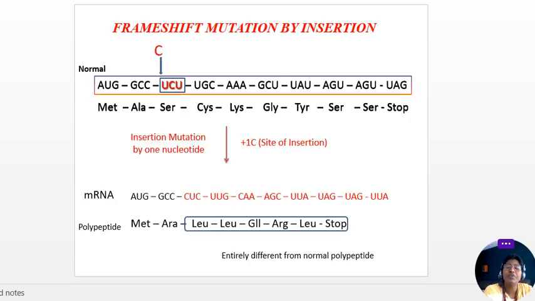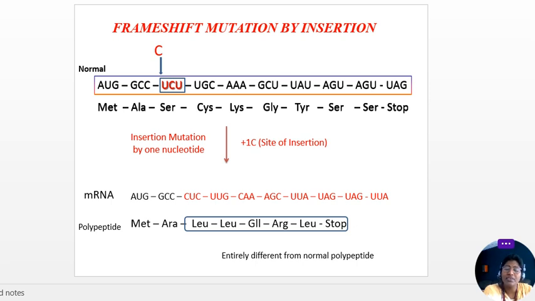The frame shift mutation by insertion is explained with this diagram. Let's have an example. In the normal DNA, we have a codon sequence AUG, GCC, and their respective amino acid sequence is given here.